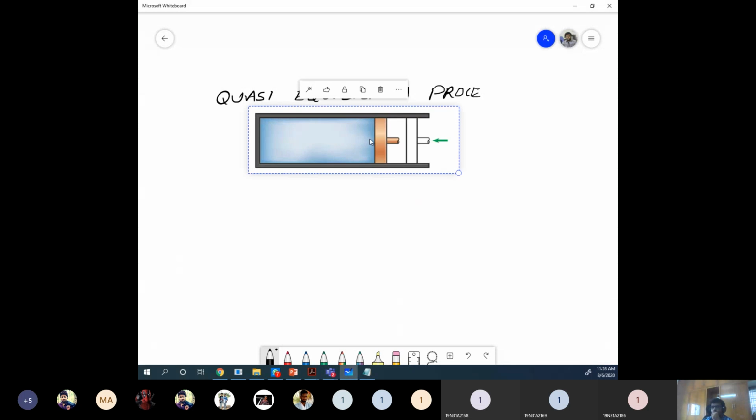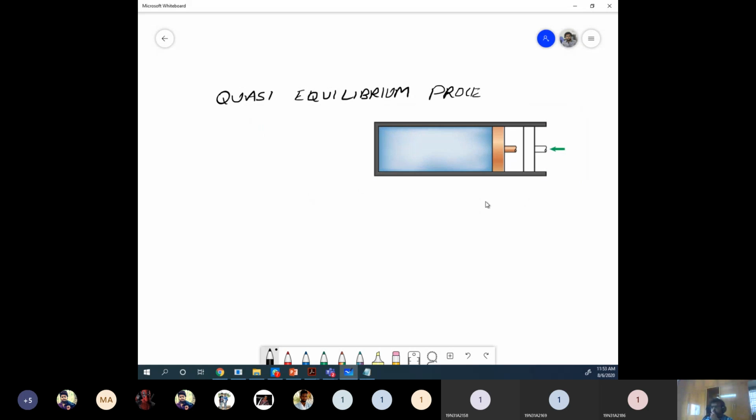Let's assume that you are doing some slow compression, moving in this direction, where the arrow is. If you are doing the compression process very slowly, then you will be concentrating only on the pressure change, volume change, or temperature change here.